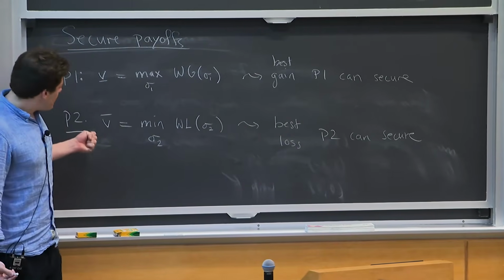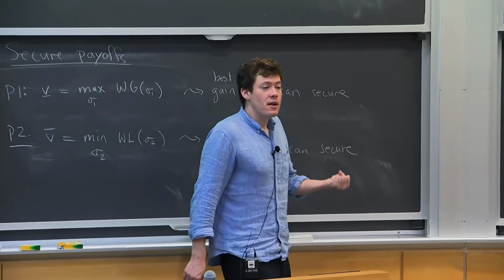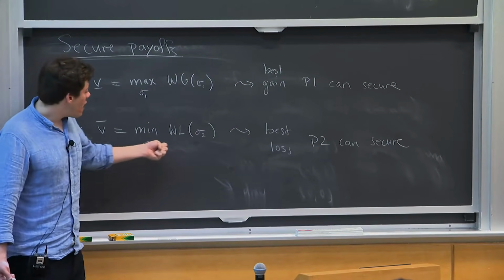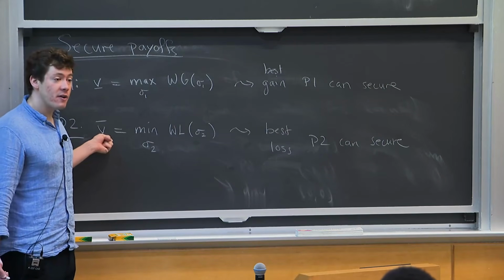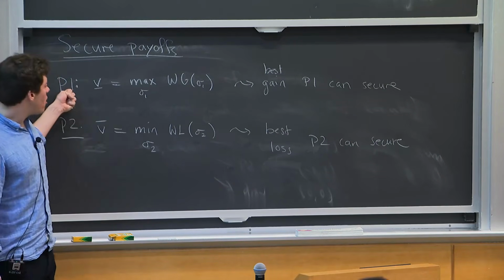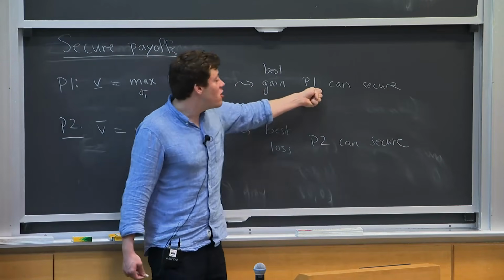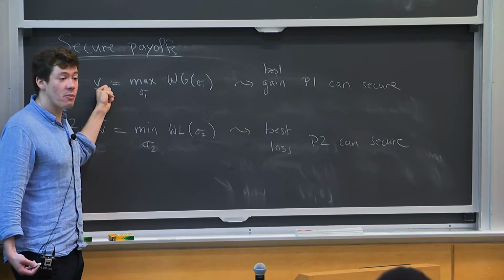So what this says is, suppose player 2 plays a security strategy. They know that however their opponent plays, their loss is going to be no worse than V upper bar. And player 1 knows that if they play a security strategy, their gain is going to be no worse than V lower bar. They're always going to get at least V lower bar.